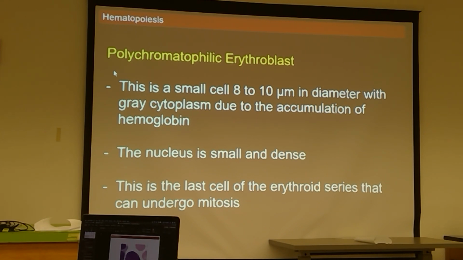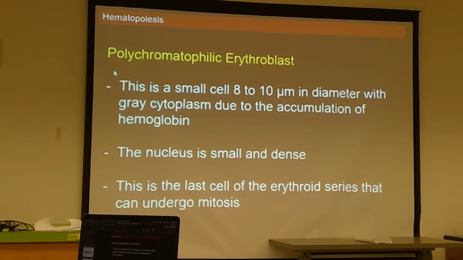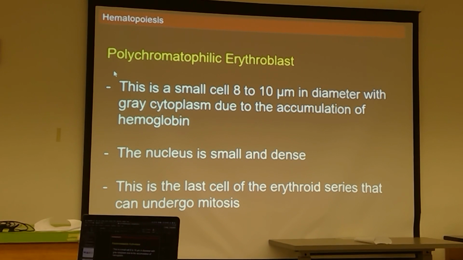Next up, we're going to have the polychromatophilic erythroblast. This one, what we're going to see is the cell is getting smaller, the nucleus is getting smaller. You have a little more cytoplasm now than we saw in the last one. And to me, the nucleus looks like it has sort of a checkerboard pattern. You might have to squint at it to see that.